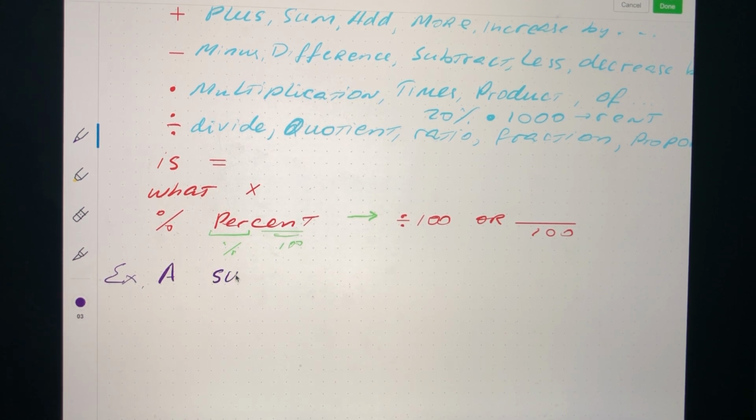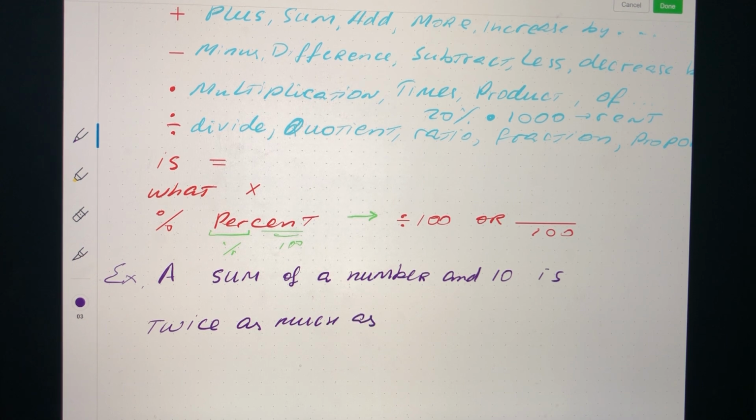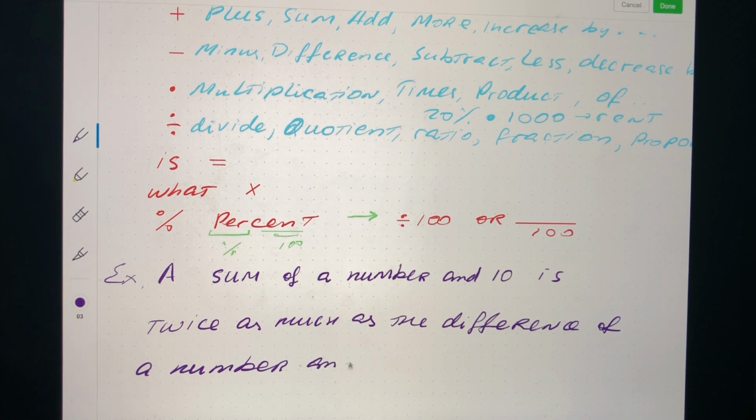The sum of a number and 10 is twice as much as the difference of a number and 3.